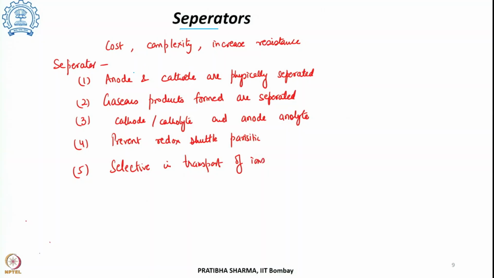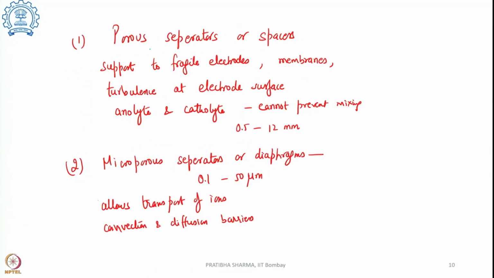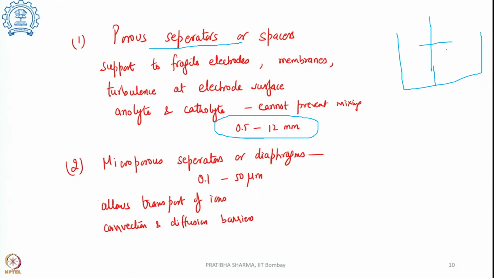These are different separators. A porous separator has a diameter of around 0.5 to 12 millimeter. If we use a porous separator in the electrolyte, the anode electrolyte and cathode electrolyte will mix easily through the porous separator.